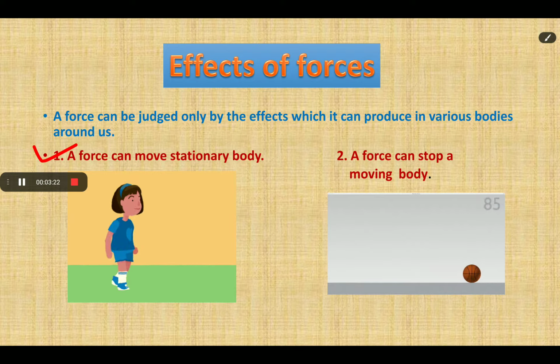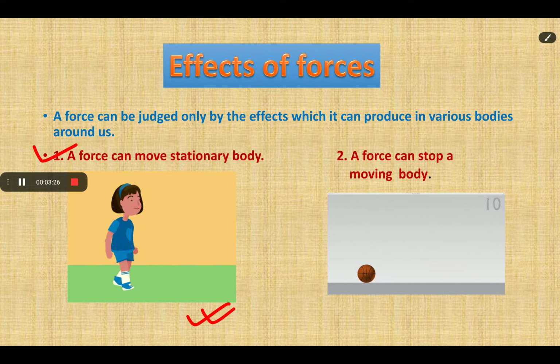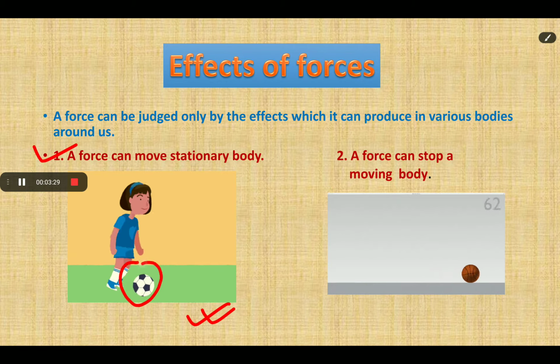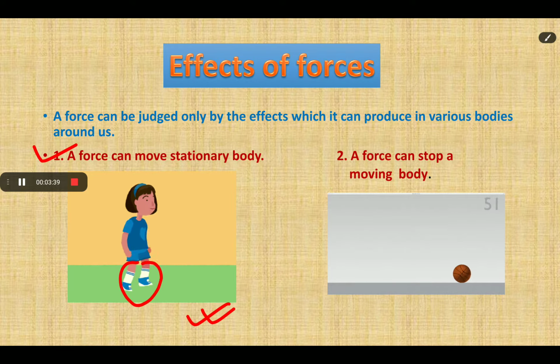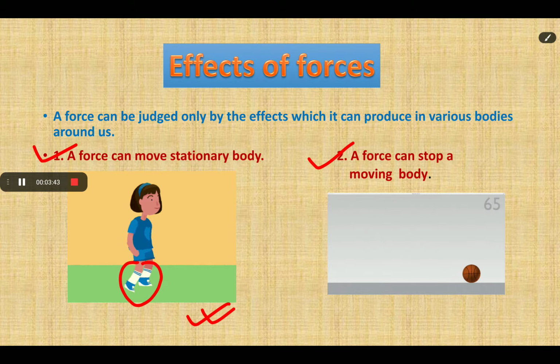As you can see in the image, the football is at rest here, and when we kick the football, we apply a force and the stationary football comes in motion. This is the first. Second, a force can stop a moving body.